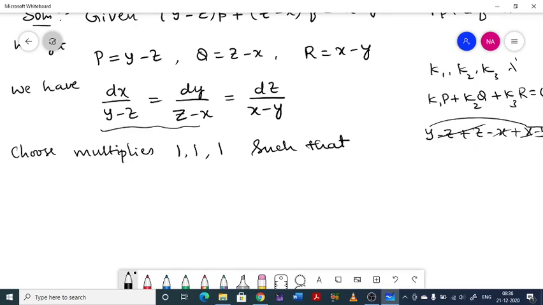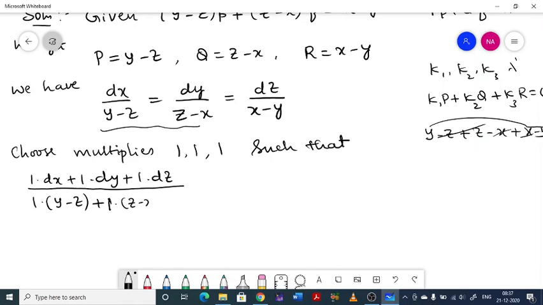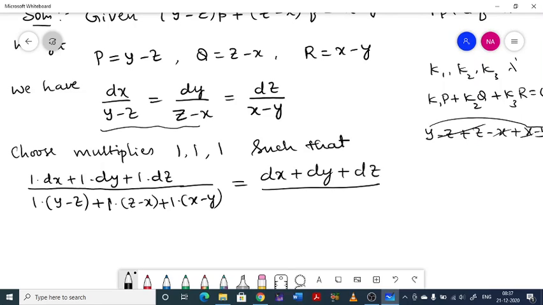k1 into dx plus k2 into dy plus k3 into dz. So k1 is 1, so 1 into dx plus 1 into dy plus 1 into dz divided by k1 into P, 1 into P, that is y minus z, plus 1 into z minus x plus 1 into x minus y, equal to dx plus dy plus dz divided by, z cancels, x cancels, y cancels, you get 0.